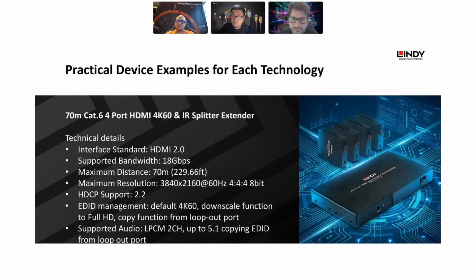EDID management default 4K 60 Hz. The downscale function to full HD is available. Copy function from the loop-out port for the EDID management. Supported audio: LPCM 2-channel up to 5.1, copying EDID from the loop-out port.